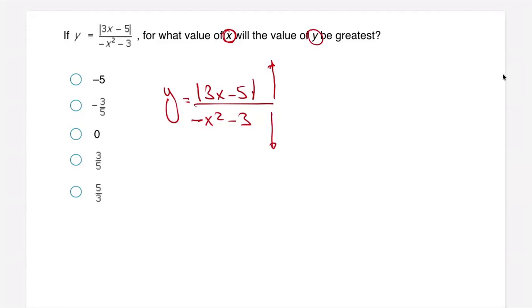Do you guys agree? But this is not the point here. This denominator will be always negative. Cannot be 0 because you cannot divide by 0. Do you agree? And it will always be negative.